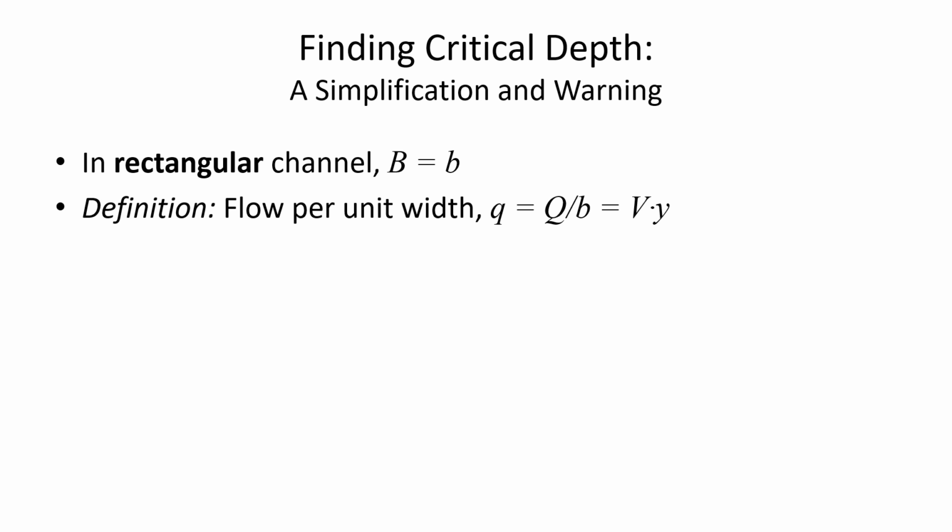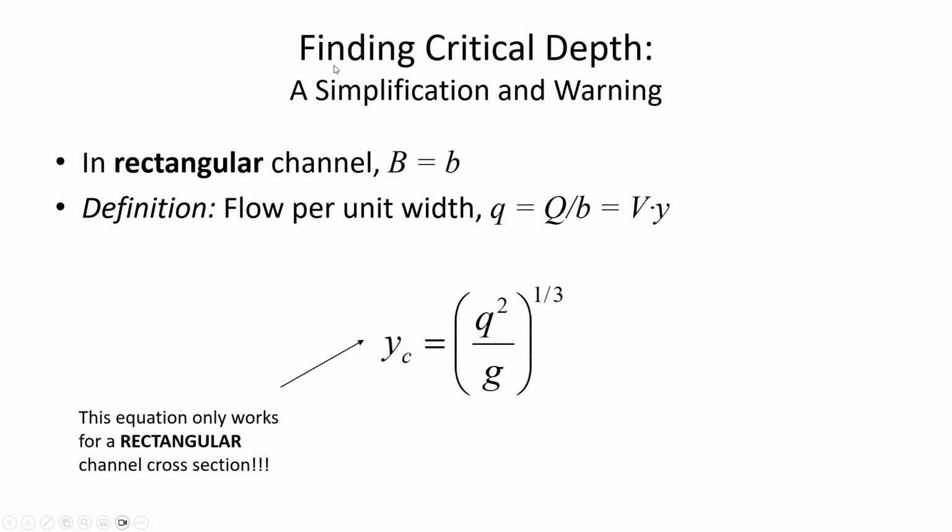So for a rectangular channel, you can calculate the flow per unit width and then determine the critical depth by lowercase q squared divided by g, to the 1/3 power. We just worked this example where it was 4 meters wide and rectangular.